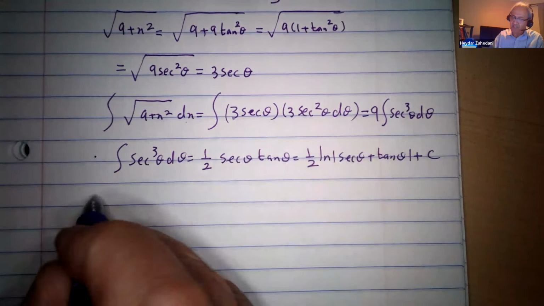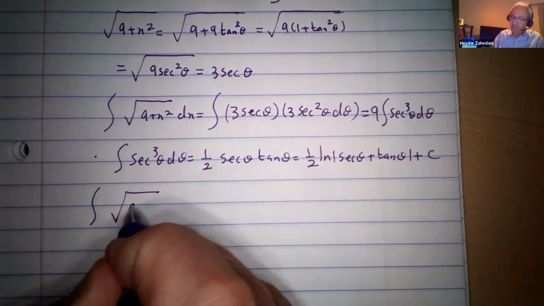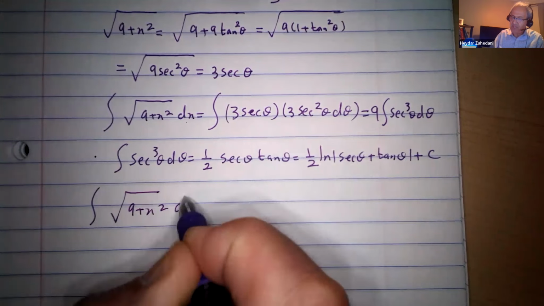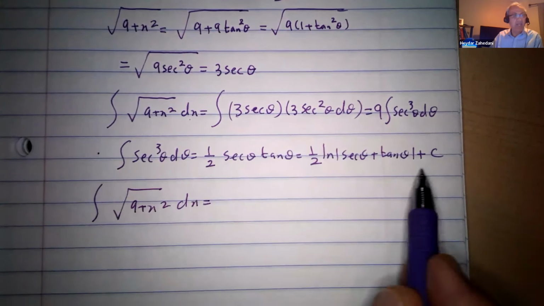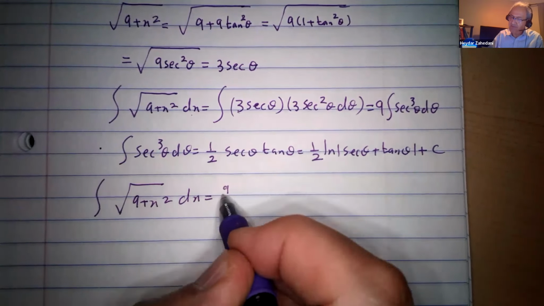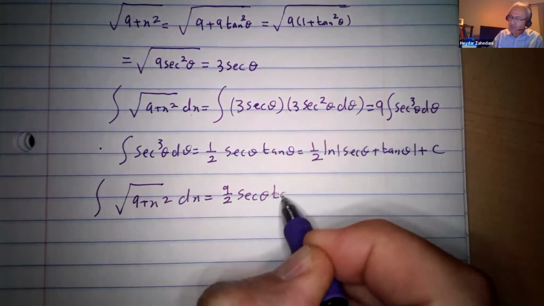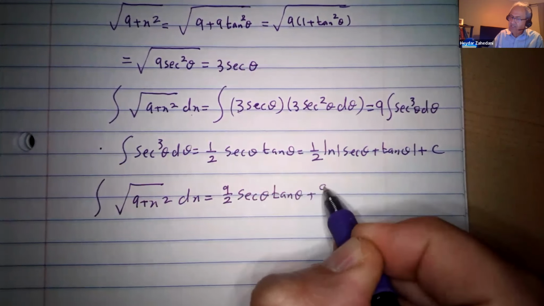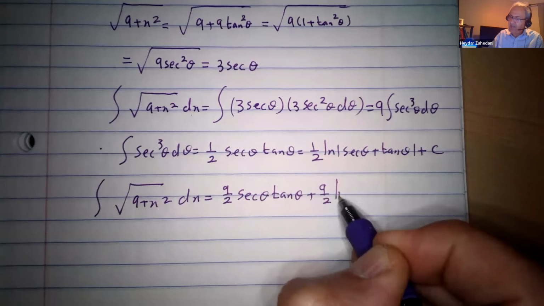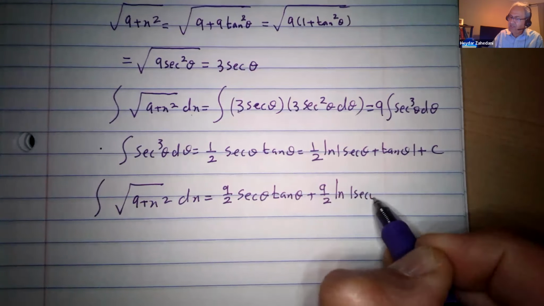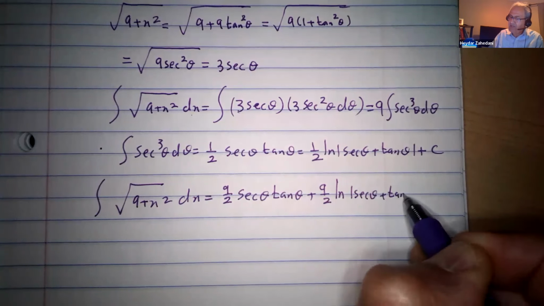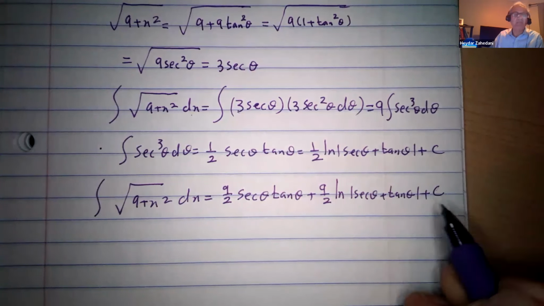So basically, the integral of the radical of 9 plus x squared dx is going to be 9 times this, so it's going to be 9/2 secant theta tangent theta plus 9/2 ln of the absolute value of secant theta plus tangent theta, plus c.